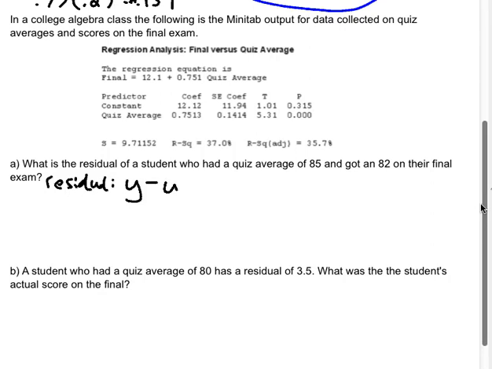Actual y minus predicted y. Okay. Now here, if we look at what's going on, here's a piece of the table that we want to look at. Remember, we always want to look at the coefficients of the variable, or sometimes they call them predictors.